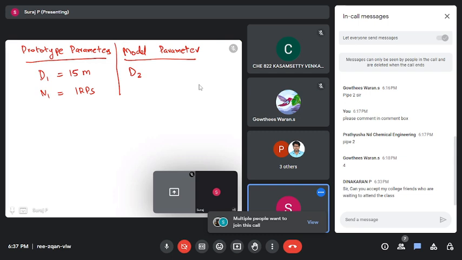So the prototype diameter we already know, so that will be equal to 0.15 meter. This statement was given in the question.